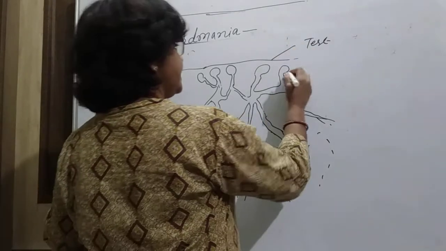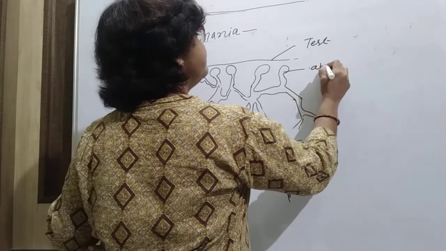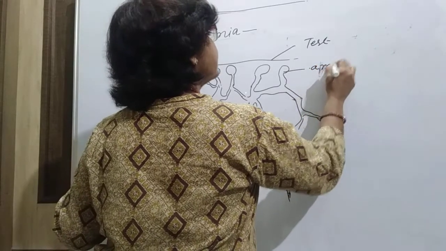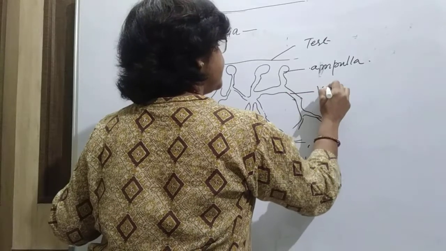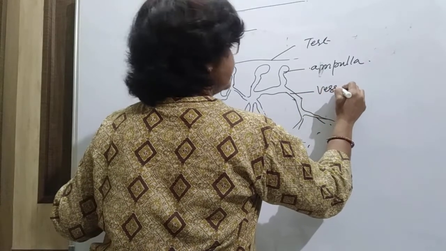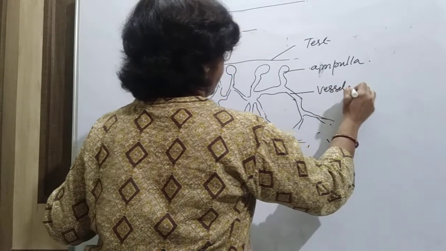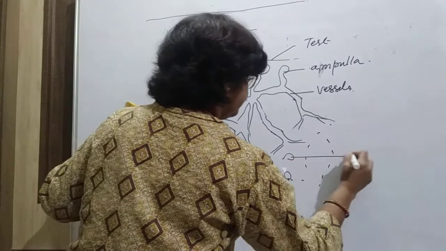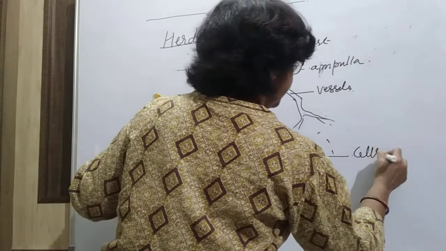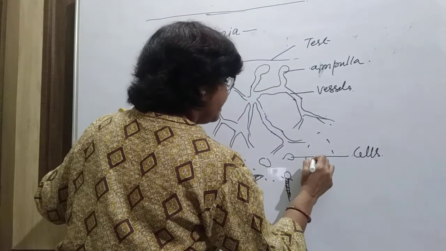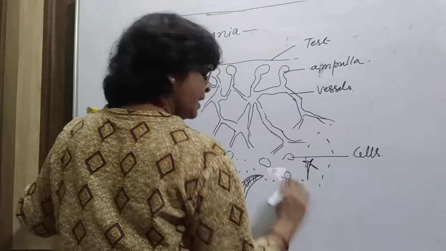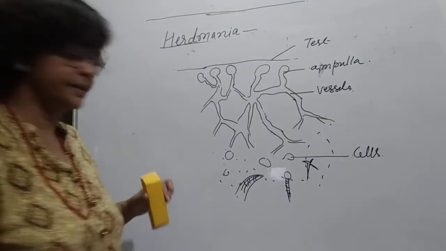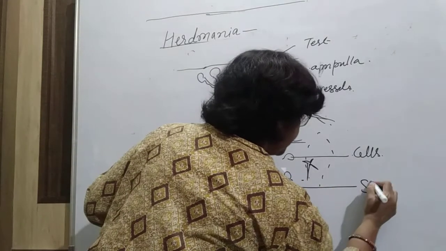So this is the test, and these are the ampullae, these are the vessels, these are the cells, a number of types of cells are there, maybe nerve cells and other cells, we will discuss it. And these are the spicules.